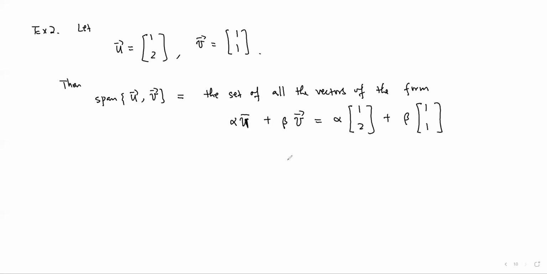Let me compute this sum. Alpha times (1, 2) is (alpha, 2 alpha), plus beta times (1, -1).